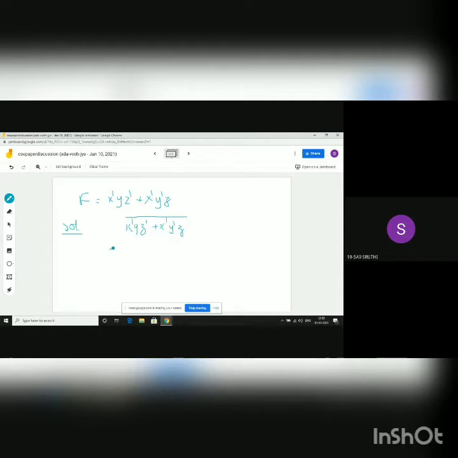Now there is a law called De Morgan's law, which states that if there are two variables, a plus b, to find the whole complement of these two variables, a plus b whole complement is nothing but the complement of the first variable dot the complement of the second variable.